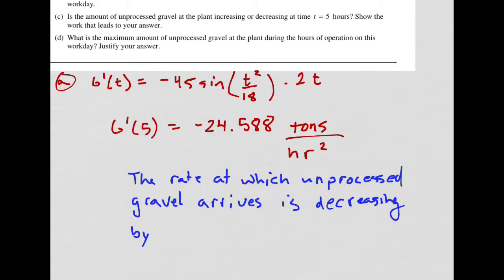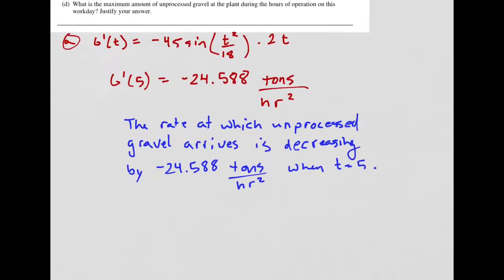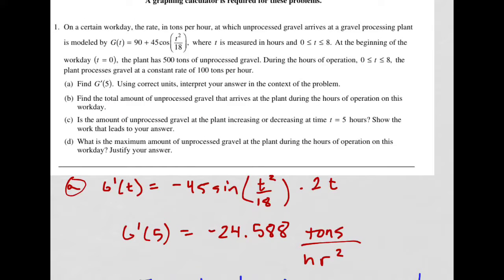And decreasing by negative 24.588 tons per hour squared. And don't forget when T equals 5. That's important. So there you go. That's part A. Kind of simple if you just remember to write down the words. I guess that's for everything.